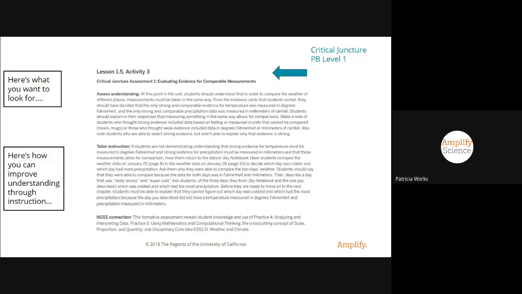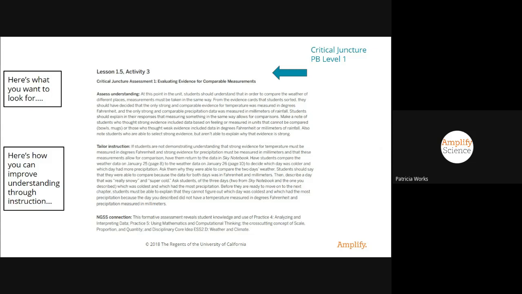Okay, so here's critical juncture assessment 1. This formative assessment is looking at students' understanding that in order to compare weather of different places, measurements must be taken in the same way. Students will complete Student Investigation Notebook, page 12. They look at evidence cards 1 through 10 in this lesson, and they look at which cards have strong evidence and which have weak evidence.